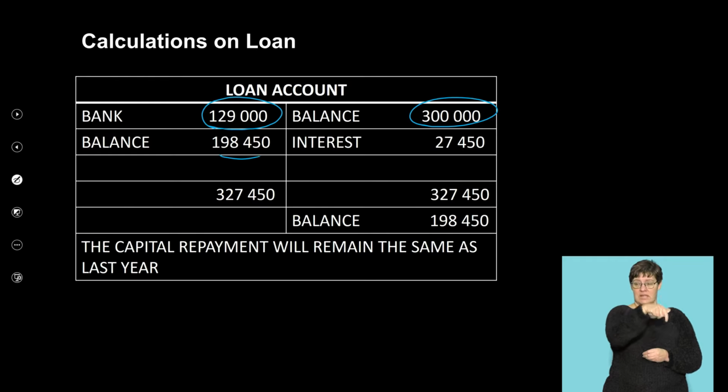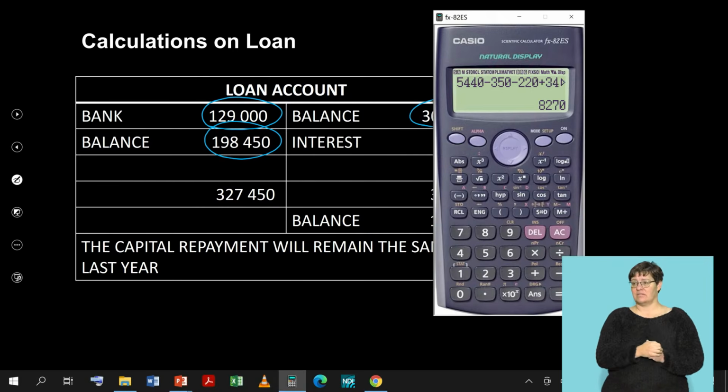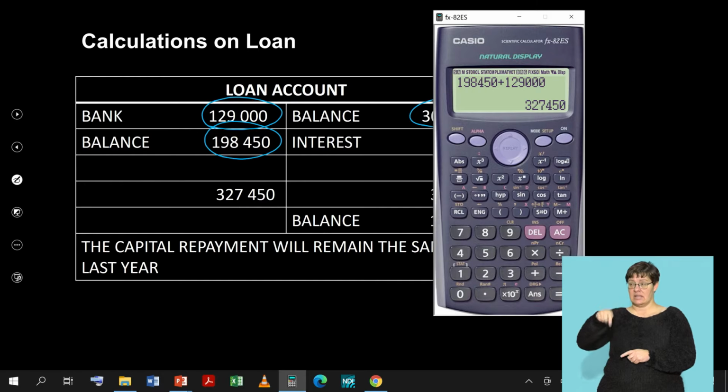There's my balance at the end of the year. Firstly, let me do my calculation. So we say 198,450 plus 129,000 is equal to that, minus the 300,000, which is your opening balance of your loan, right?